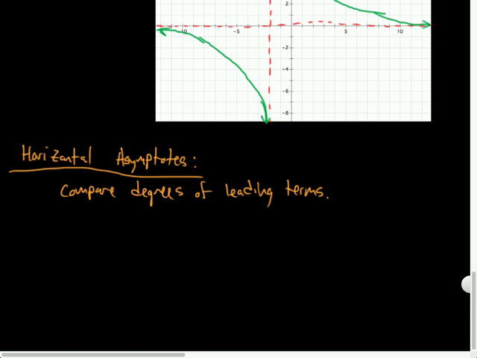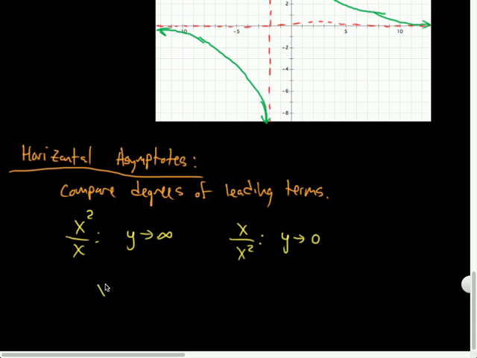If I have x squared over x in the numerator, then that means y is approaching infinity. There's no asymptote. If I have the denominator with a bigger exponent, then that means y is approaching 0.